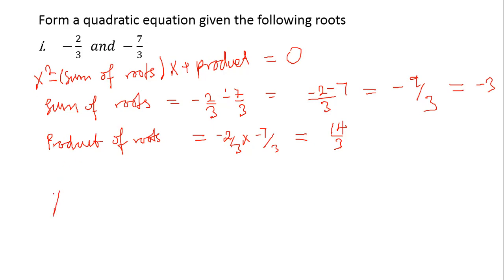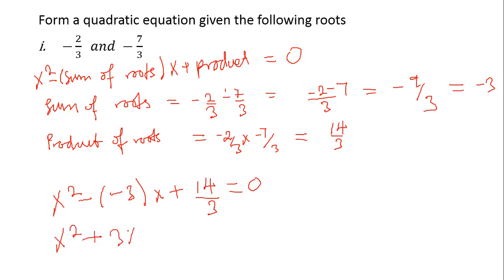So it will be x squared minus sum, which is -3, times x plus product, which is 14/3, equal to 0. So this will be x squared plus 3x plus 14/3 equals 0.